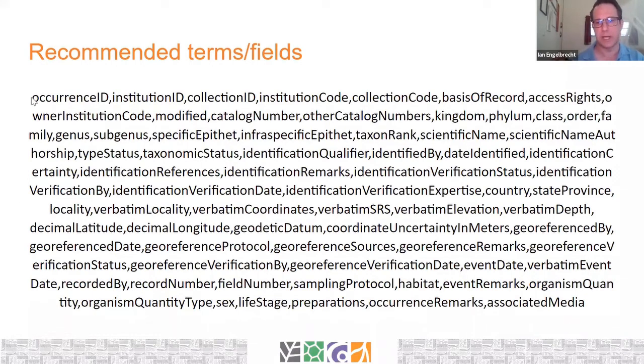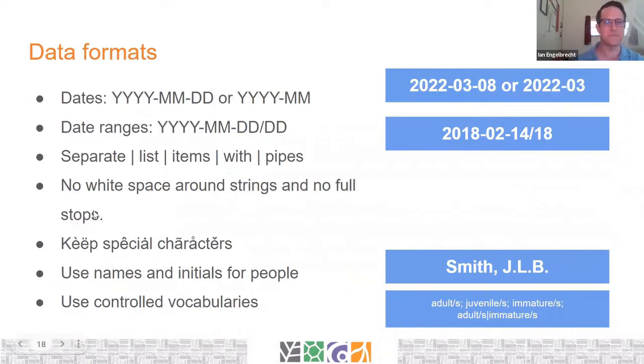If you're creating a new data set and you want to use some of these fields, you can copy that whole blob of text in the manual and paste it into a CSV file. Because the terms are comma separated, when you open the CSV file in some kind of data editor, it will give them to you as the column headings, and you can just delete any that you don't actually want. So it's a nice thingy there.